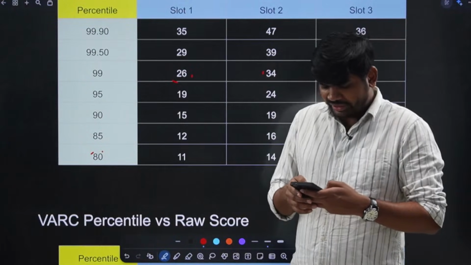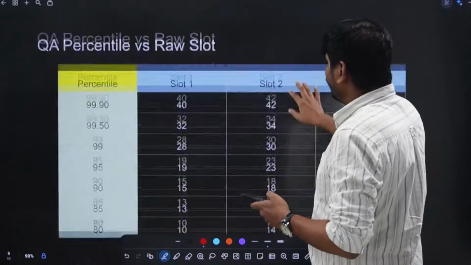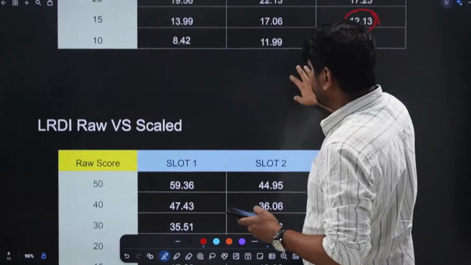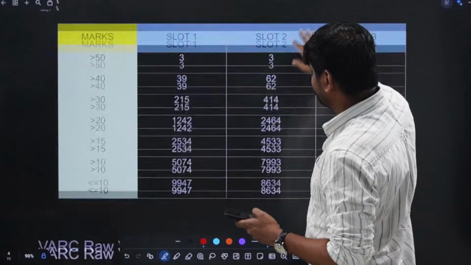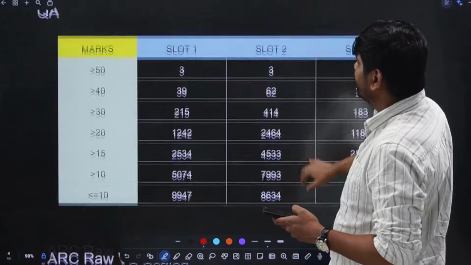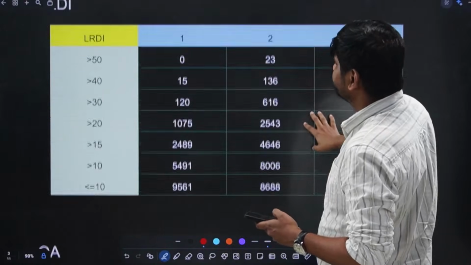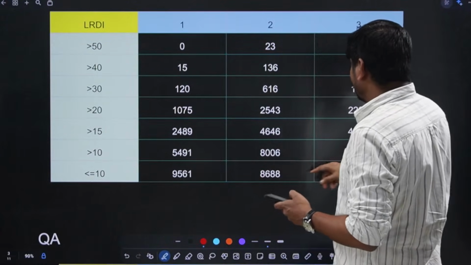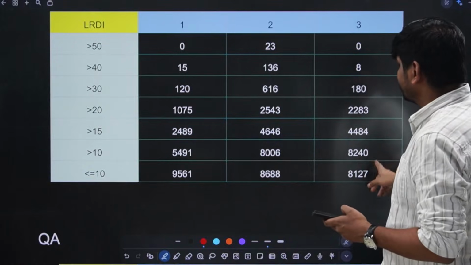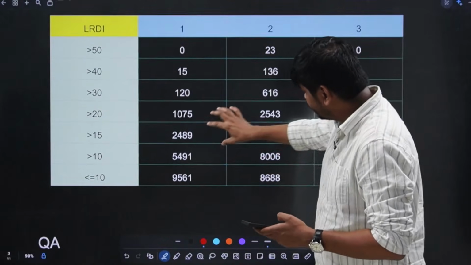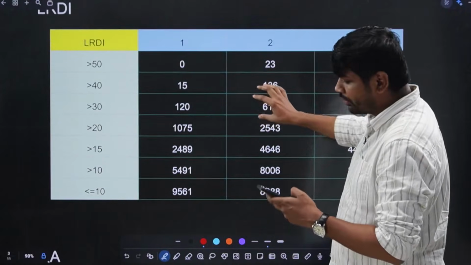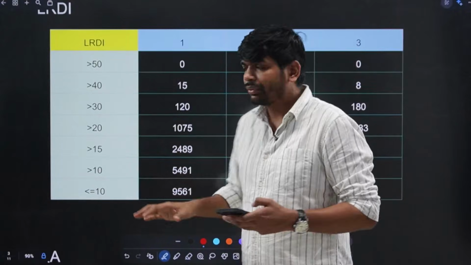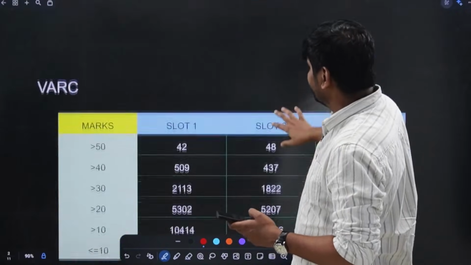Slot wise sample size. Okay. If you want to see the sample size, I will tell you. So the sample size is, yeah, this one. 14,000 and 16,000, based on 30 to 40,000. Based on the data of 40,000 students, we have done the scaling.